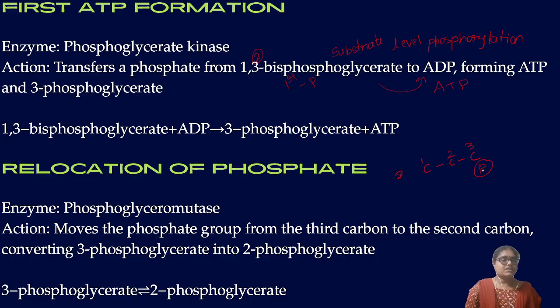This phosphate group is relocated to the second carbon position to form 2-phosphoglycerate. At third position phosphate should be present, but it is relocated to second position. It moves the phosphate group from third carbon to the second carbon, converting 3-phosphoglycerate to 2-phosphoglycerate. It occurs in the presence of the enzyme phosphoglyceromutase.